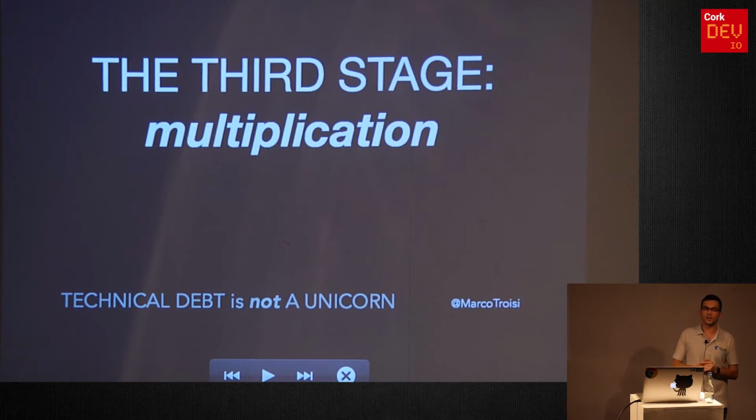Now this is a good time, and this is, in my opinion, the only time where you can start thinking about important architectural choices. This is a time where you probably should start wondering whether your framework is still good enough to handle the amount of traffic and the amount of pressure that the application is going to have to handle. This is a time where you can say, okay, but is our database going to perform well with this amount of pressure?